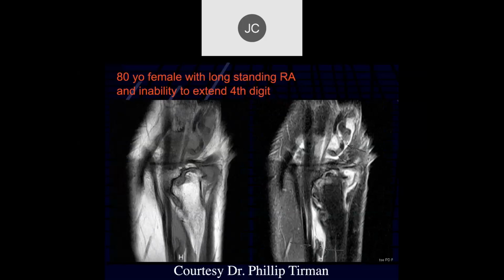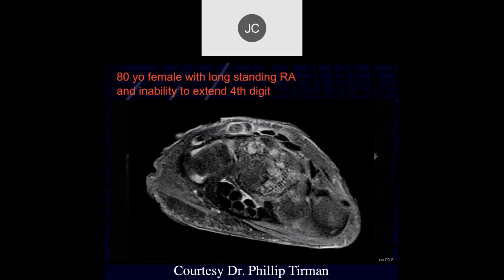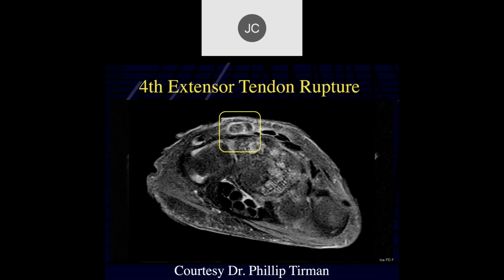And then if you look down here for the proximal retracted tendon, in this case, we could find it proximally here. So it's very characteristic of an acute extensor tendon tear. There we can see in the axial image a very abnormal fourth tendon there.